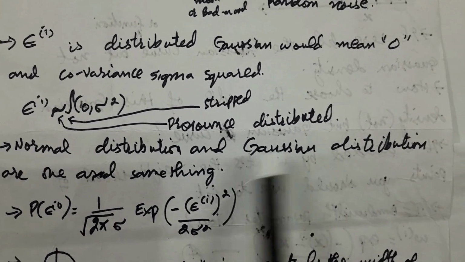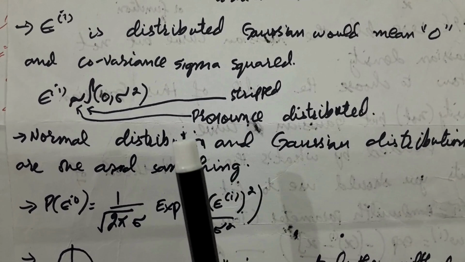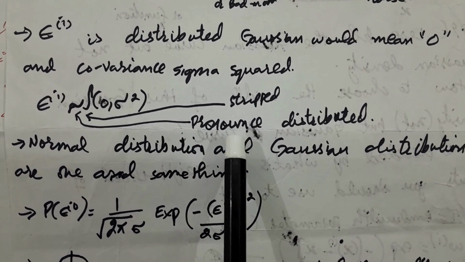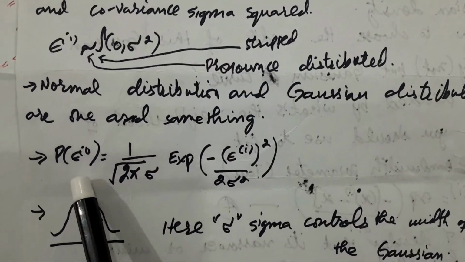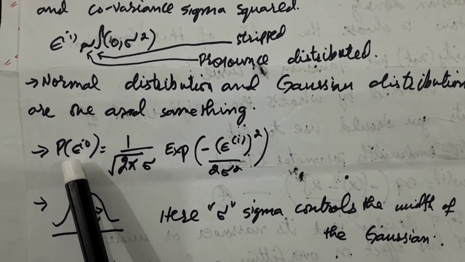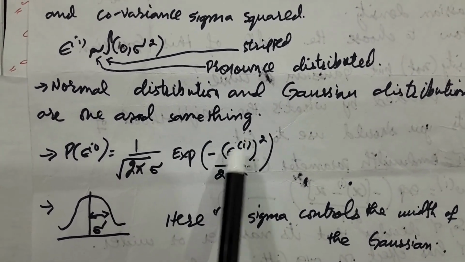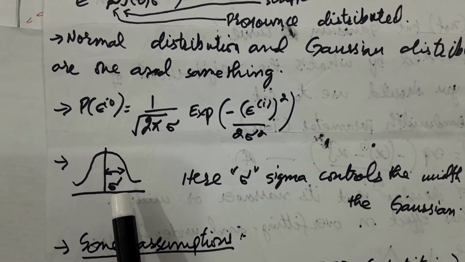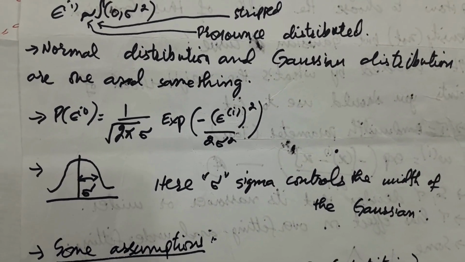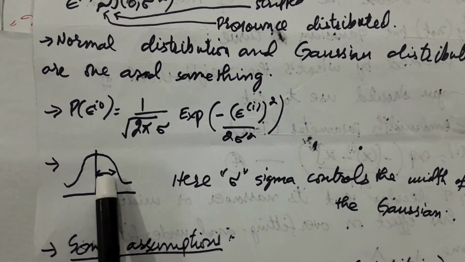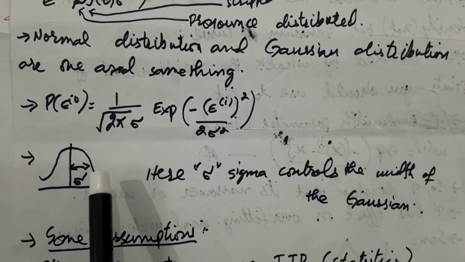Normal distribution and Gaussian distribution are one and the same thing from the machine learning point of view, so these terms may be used alternatively. That is the term with epsilon i, the error term. Sigma controls the width of the Gaussian.